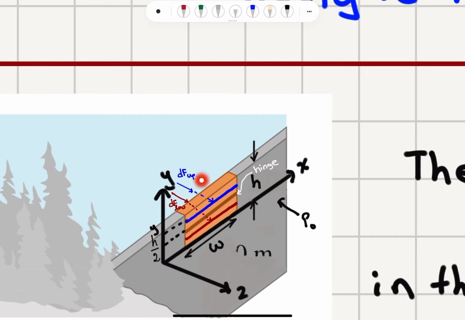So for the upper portion, we have y minus h over 2 distance with respect to the hinge, and in the lower portion, h over 2 minus y distance, because y is less than h over 2 in this case. And each of these segments that I consider here have a width dy. Okay, so at a distance y from the origin, and with dy, so on the y-axis.